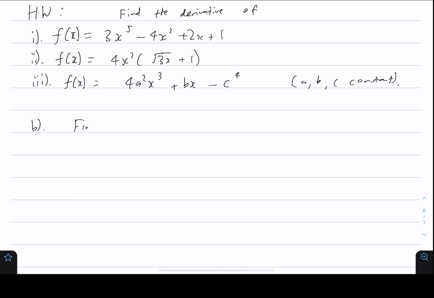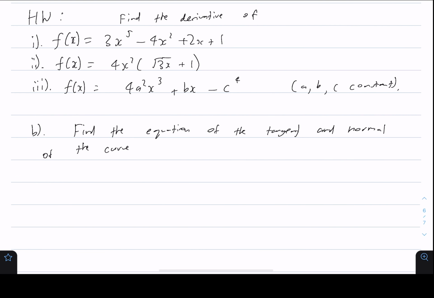Then find the equation of the tangent and normal of the curve f of x equals 7x to the power 4 minus 8x to the power negative 6 plus 2x plus 2 at x equals 1.